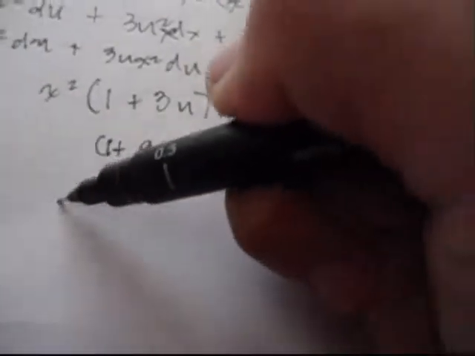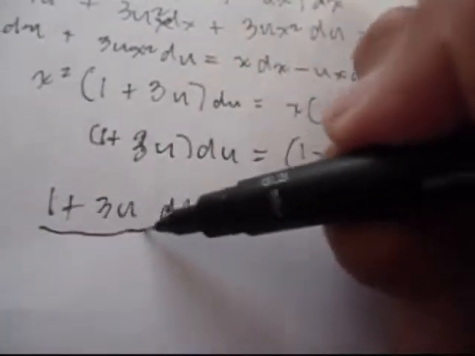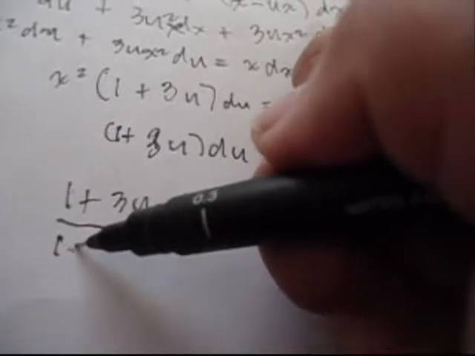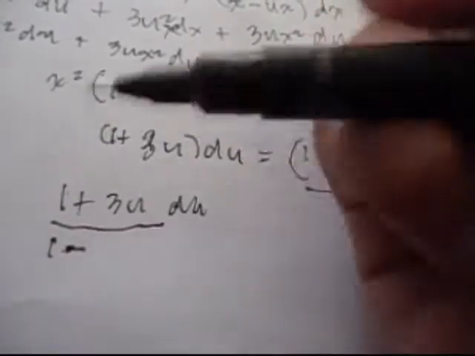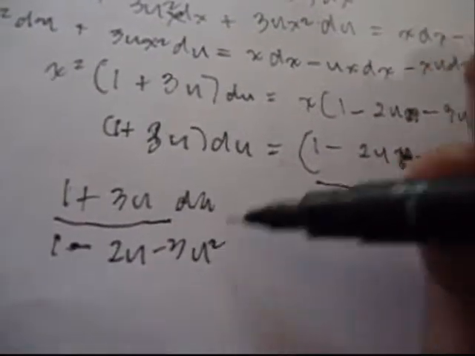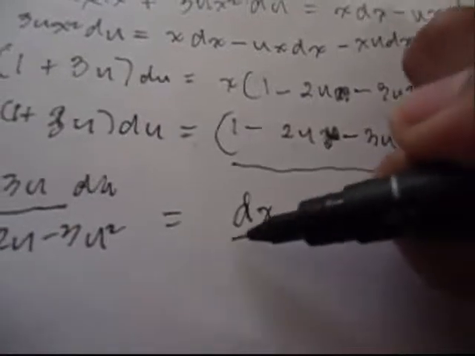So we will have 1 plus 3u du over 1 minus 2u minus 3u squared. The other side we have dx over x.